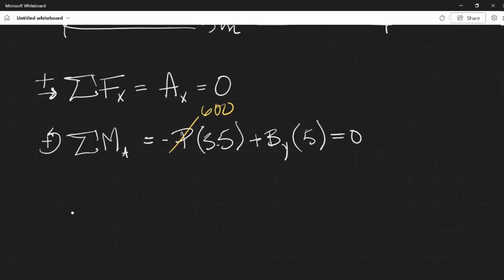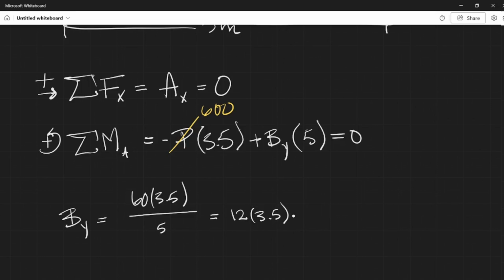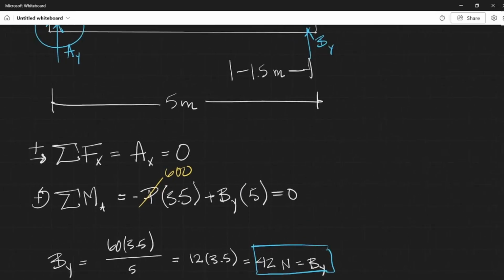Doing some quick algebra, we get a force of 42 newtons for the reaction force at location B.